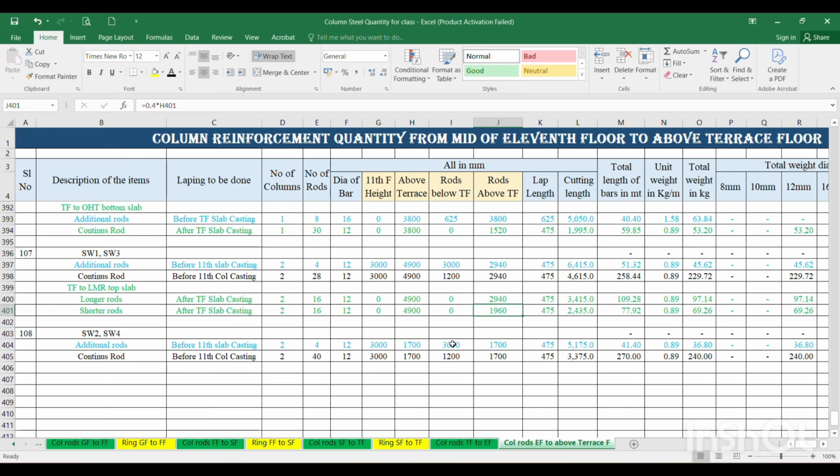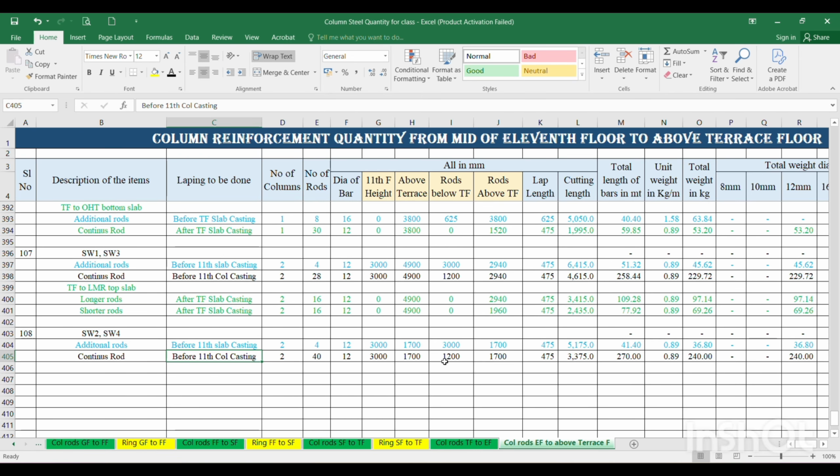This rod we can take directly from the mid of the 11th floor to lift headroom top slab level. So this is the additional rod, which is adding 4 numbers of 12, and these are the continuous rods, whatever is coming from 11th floor casting, the same 40 numbers.